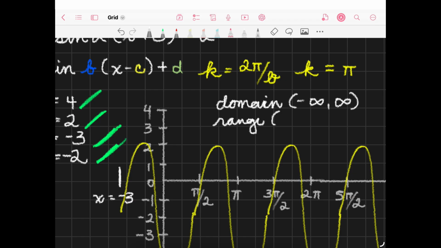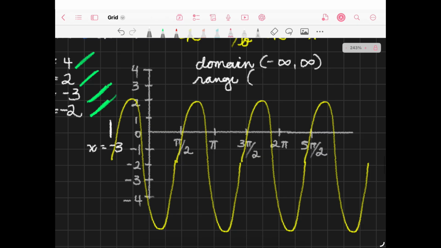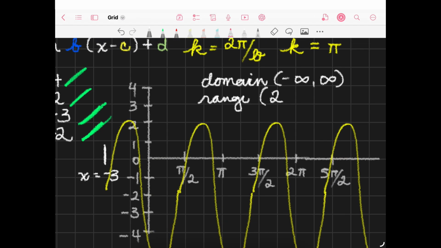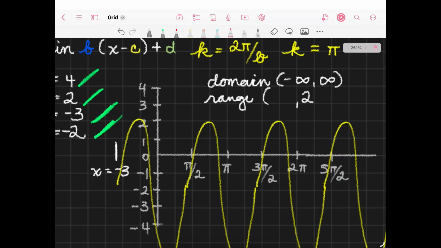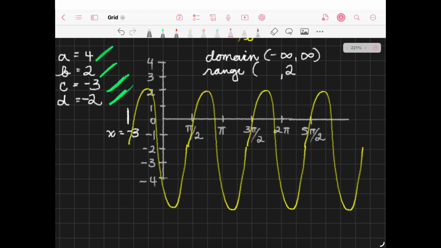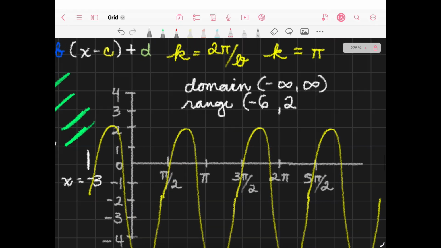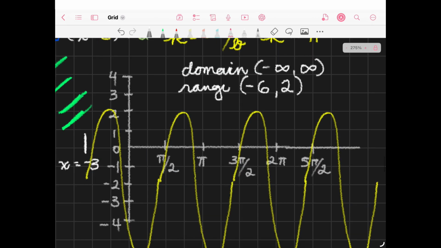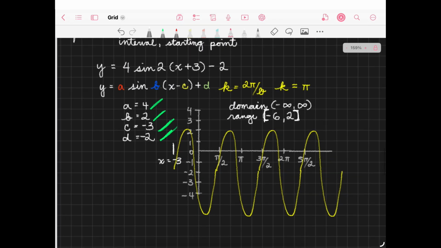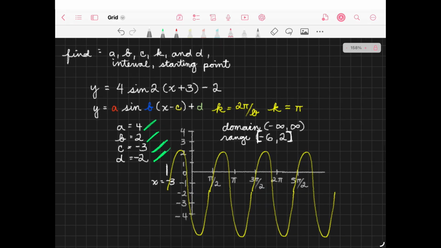So our range would be from negative 6, the minimum value, to negative 2, the maximum value. I actually forgot to put the brackets, because negative 6 and negative 2 are included in the graph. So this would be your final answer.